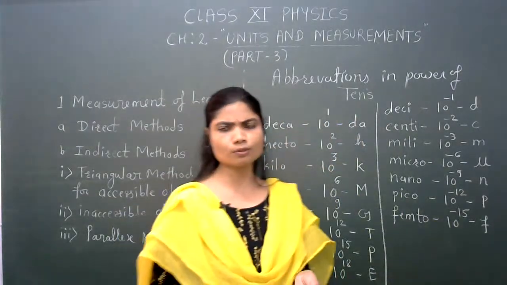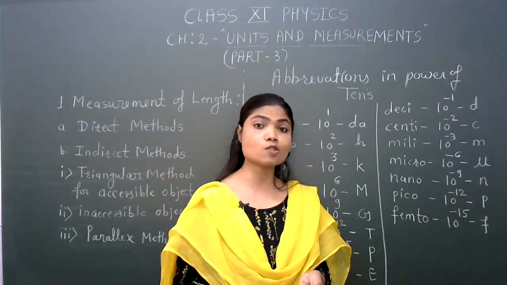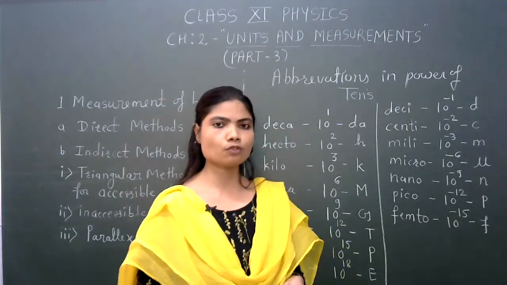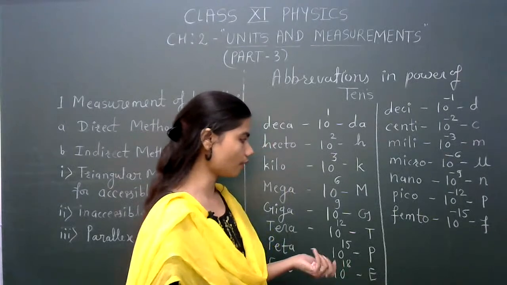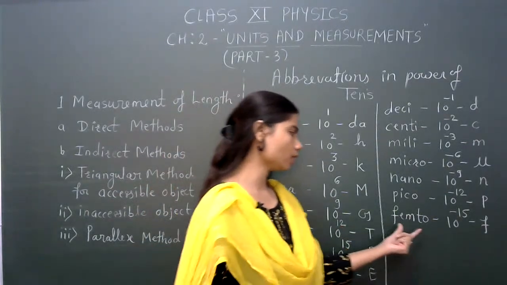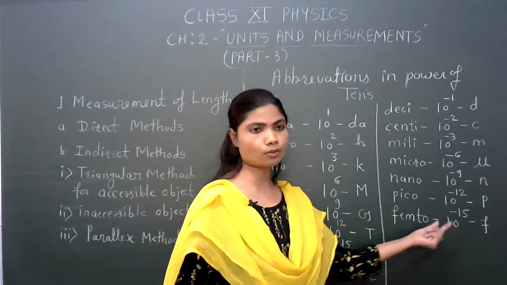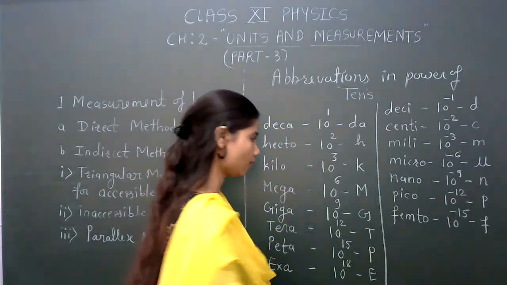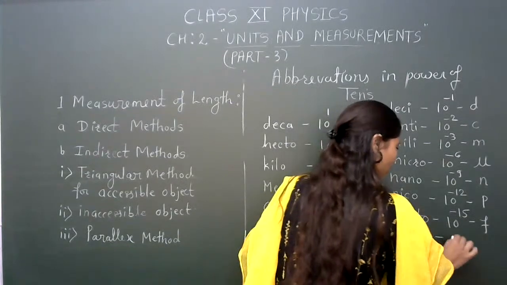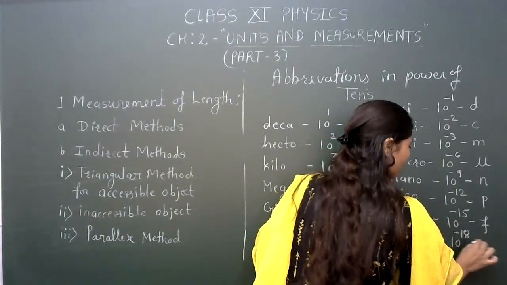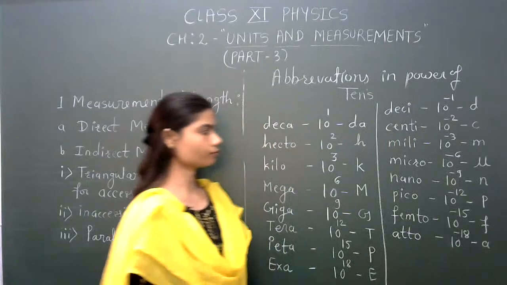Femtometer is generally used when representing the size of a nucleus. We will learn it in 12th class, atoms and nuclei, where you will use this term again and again. And lastly, atto, 10 to the power minus 18, denoted by small a.